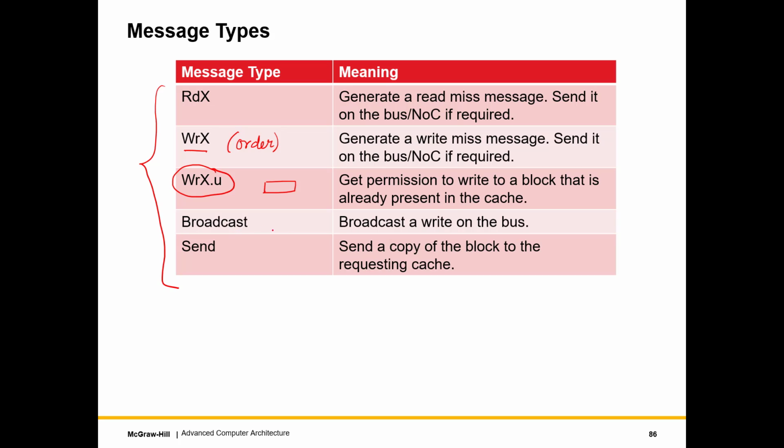Broadcast is where we broadcast a write on the bus. We basically say that, look, I have set x to 5. So then this is a message to the rest of the sister caches to do something. And finally, send. Send means send a copy of the block to the requesting cache if the current cache has it. So this is of course assuming that the current cache has a copy of the block, so it sends it.